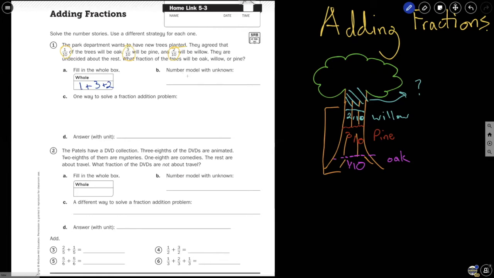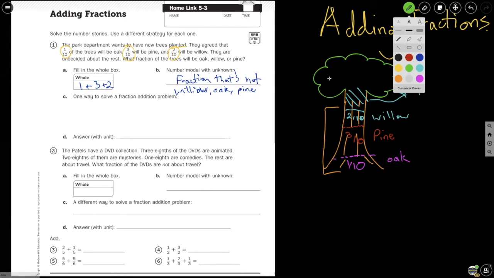And pretty much what we don't know is the fraction that's not willow, oak, or pine. All right, and then you just solve the fraction.